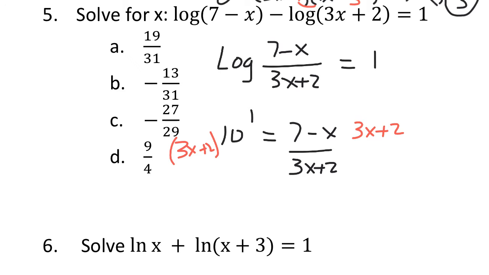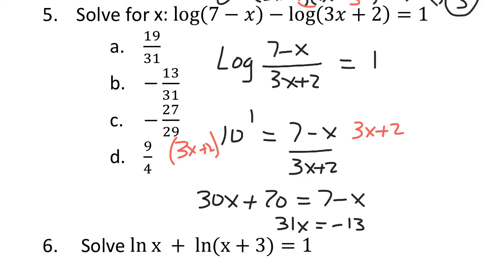And that will be 30x plus 20 equaling 7 minus x. If I just move the x's to one side, numbers to the other, I would then have 31x equaling negative 13. And I'll divide by 31 to get x to be negative 13/31.